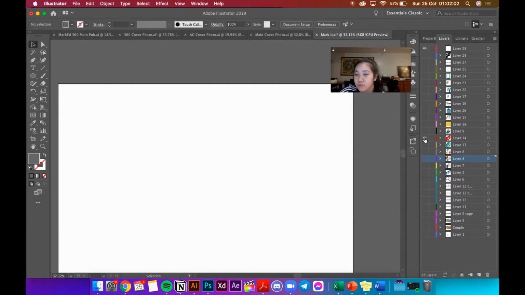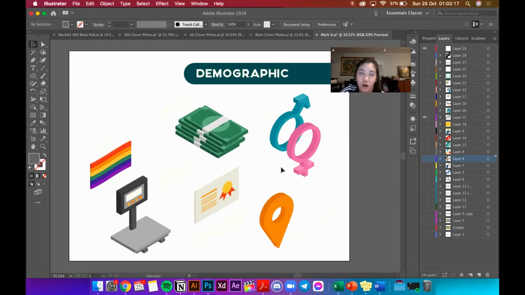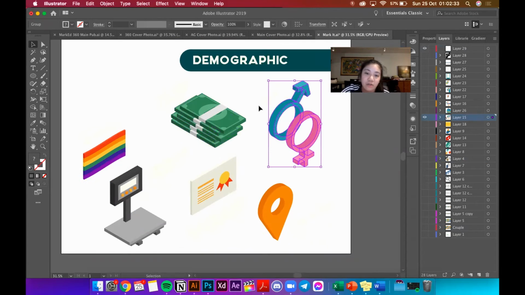Other things I drew, this was like the heart react in a way. Oh, like for Instagram, I had to draw these. So this was for some frames of the video. I had to draw a flag, this pile of cash, these symbols to represent the sexes, a location pin, a certificate, a weighing scale.